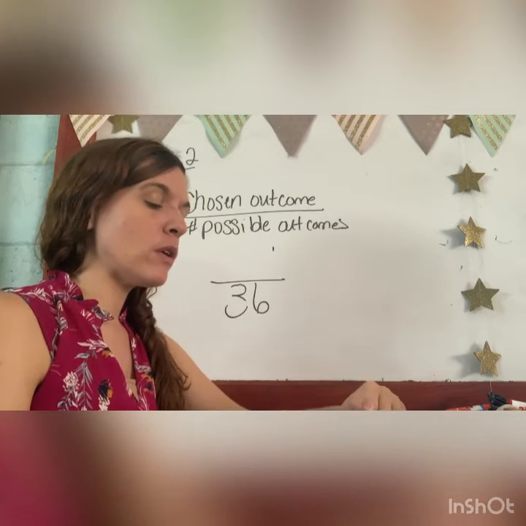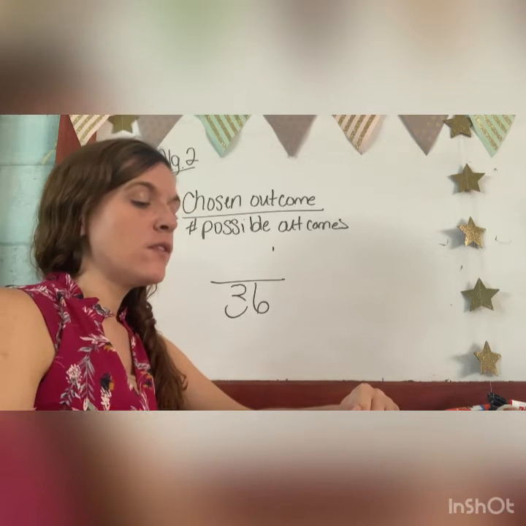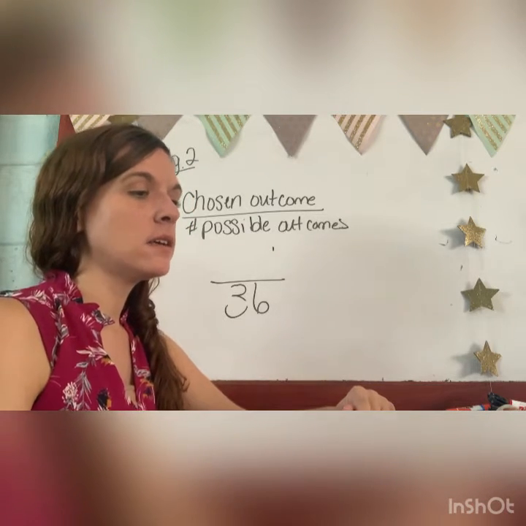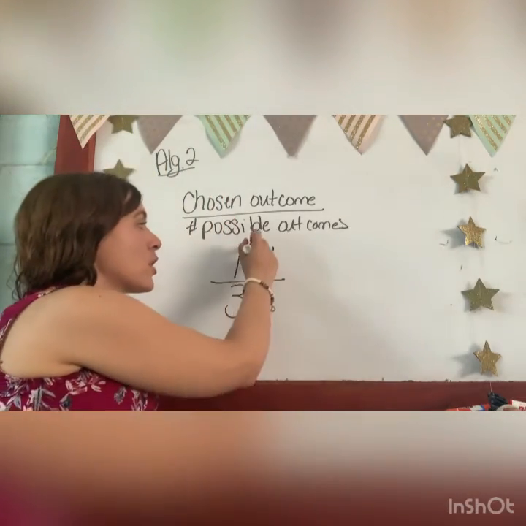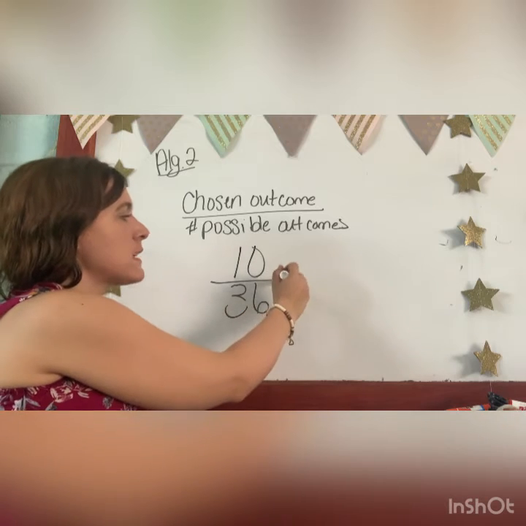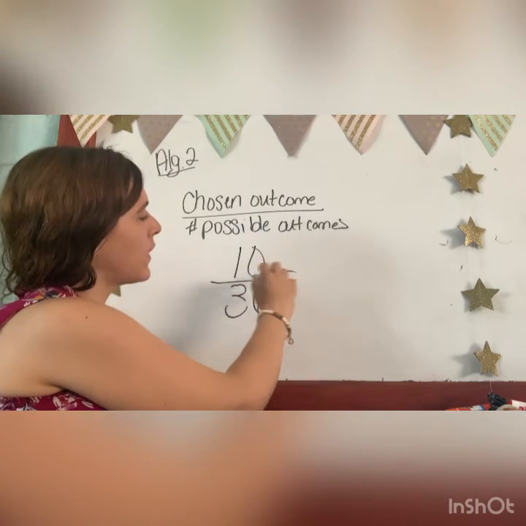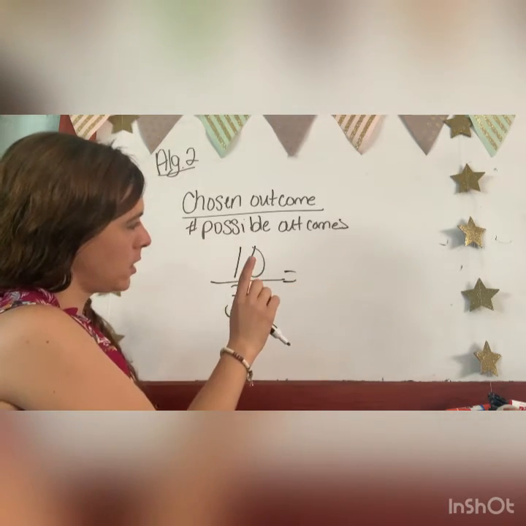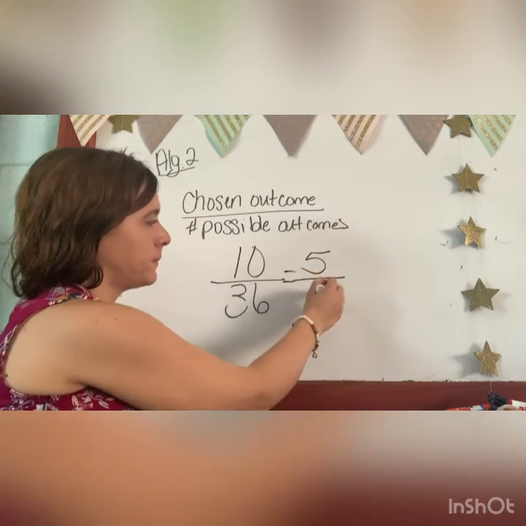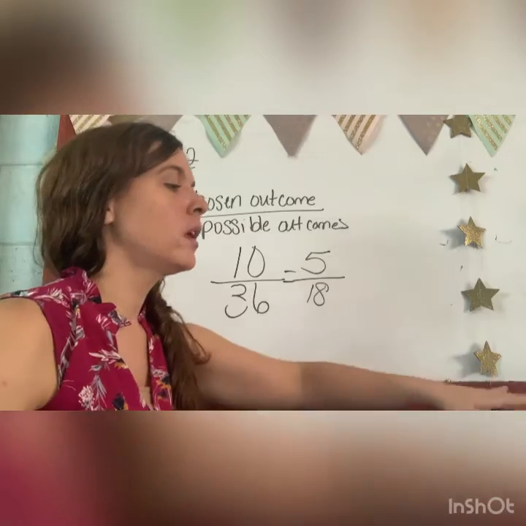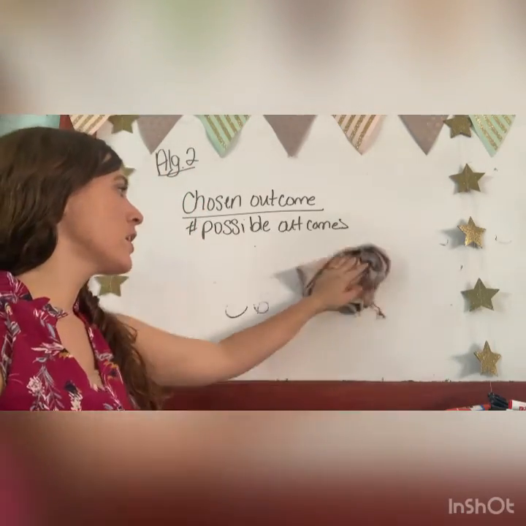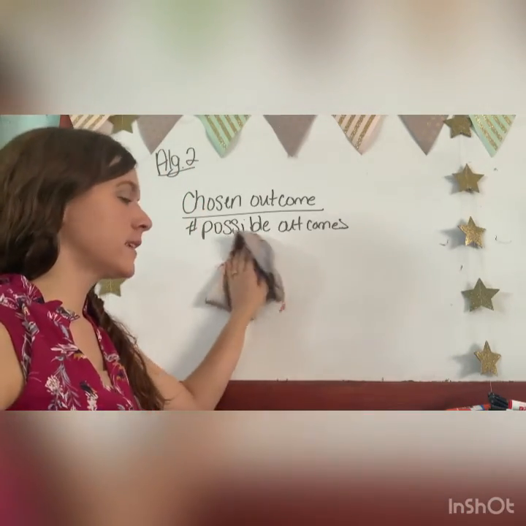There are 1, 2, 3, 4 9s, 5, 6, 7 for 10, 8, 9, 10 numbers greater than 8. So it's 10 over 36, which we divide by 2 to get 5 over 18. 5 in 18 chances that you're going to roll a number greater than 8.